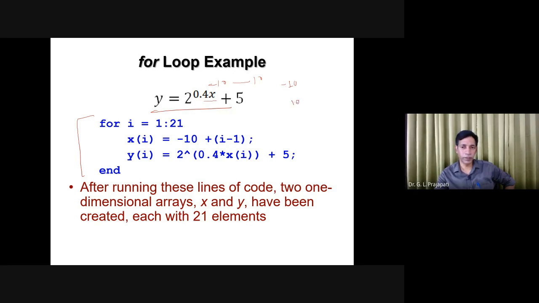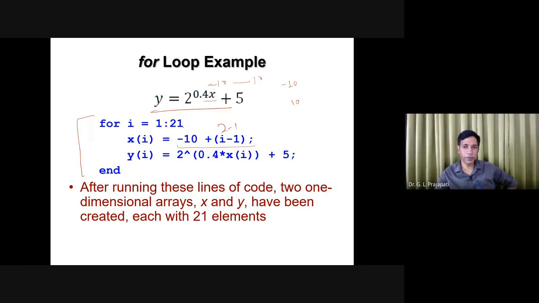How can you ensure this? x_i is minus 10 plus i minus 1, because i is the index. The first time i becomes 1, 1 minus 1 is 0, so your x1 becomes minus 10. Next time i becomes 2, so 2 minus 1 is 1, and minus 10 plus 1 is minus 9.